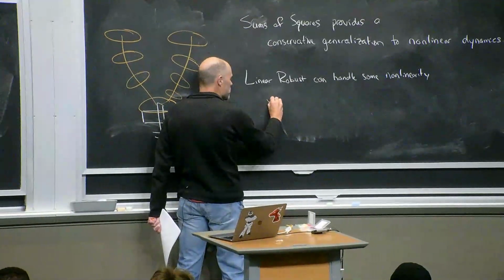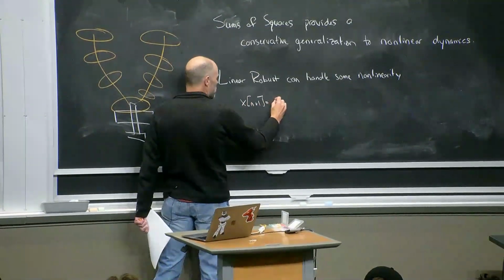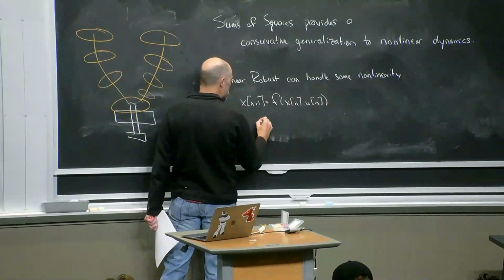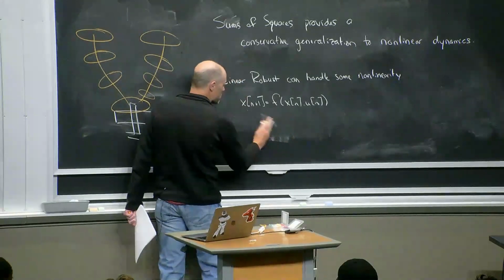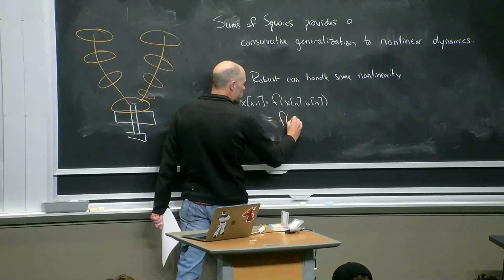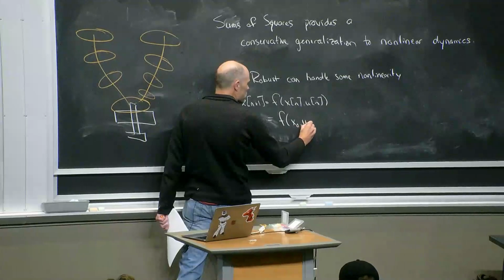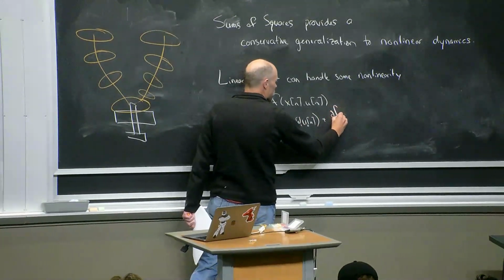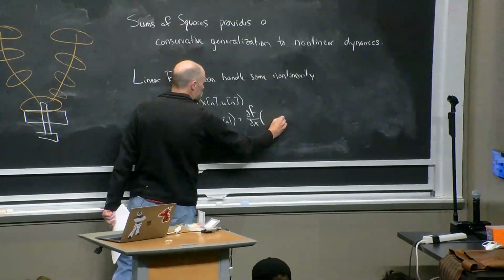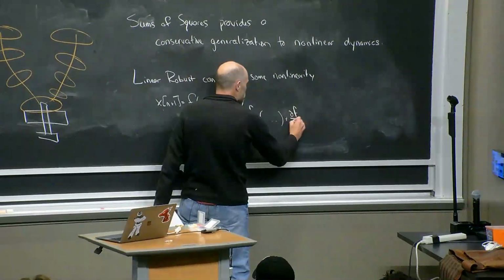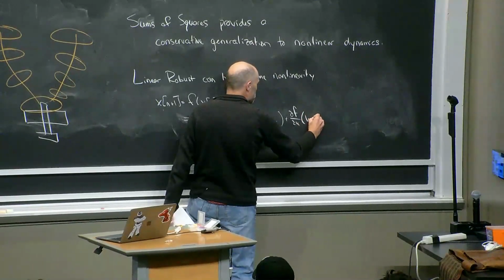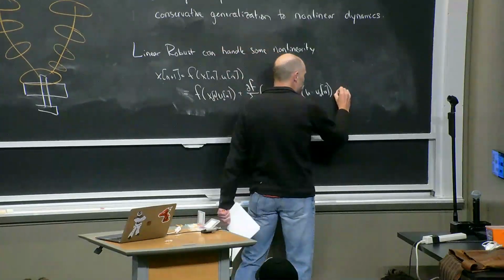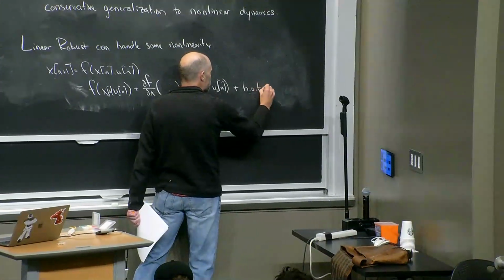If I have x_{n+1} = f(x_n, u_n), I'm going to approximate that as f(x nominal, u nominal) plus partial f partial x times (x minus x nominal), you know the drill, plus partial f partial u times (u minus u nominal), plus higher order terms.